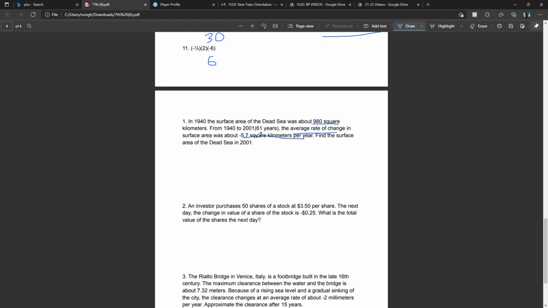So the difference in time is 61 years. So you just take 61 and multiply it by the rate, which is 61 times -5.7. And then you should get -347.7, and you just take the initial area and add this to it because it's a negative.